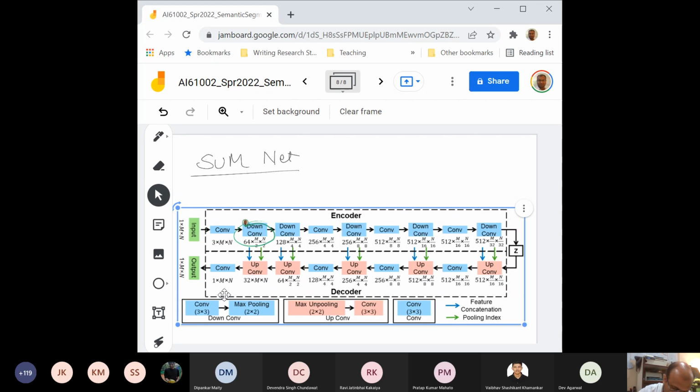When we say down convolution, it essentially means this particular block. So there is a convolution followed by a max pooling. Now what goes over here is essentially the resultant of this max pooling. So whatever is the activation of that max pooling, that is what goes to be concatenated over here. Along with that, you also pass whatever is the pooling index, which comes down in this max pooling over here.